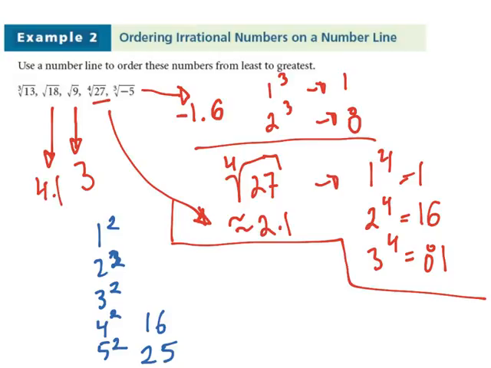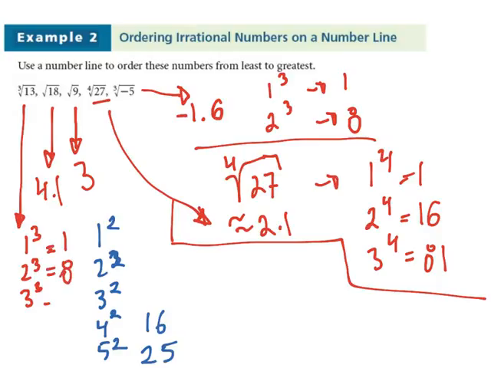And the last one, or actually the first one, which is for us the last one, cube roots. Again, 1 cubed, 2 cubed, 3 cubed should be enough for us. 1 cubed is 1, 2 cubed is 8, and 3 cubed is 27.